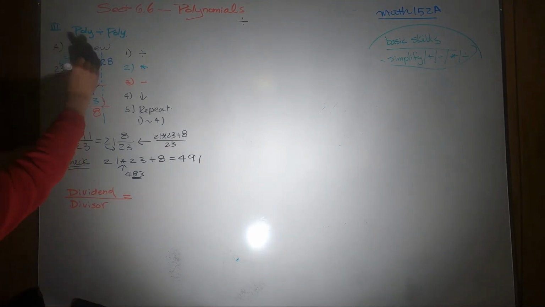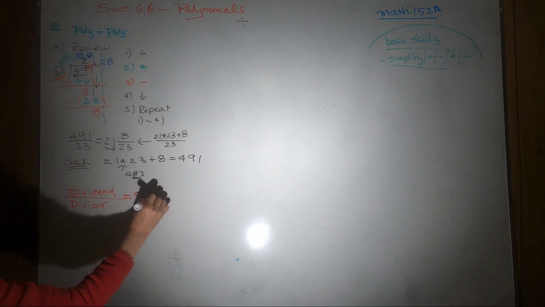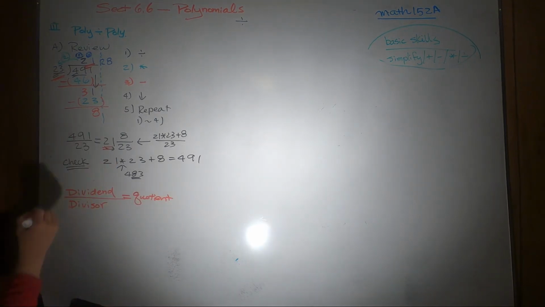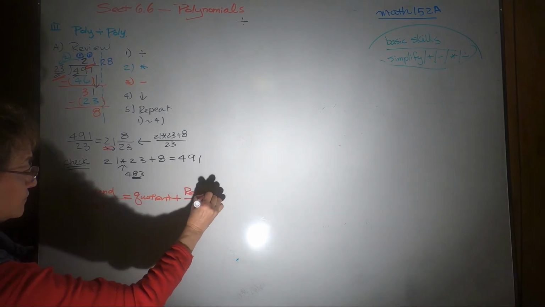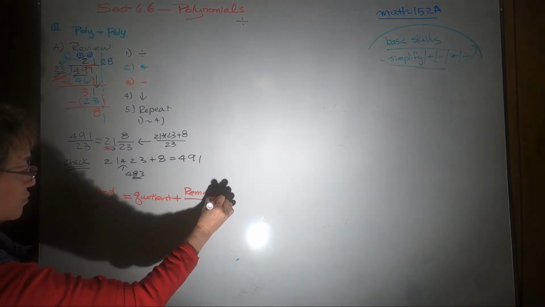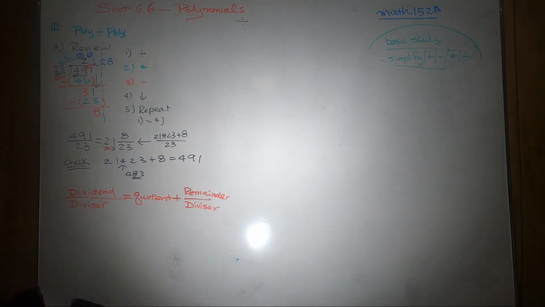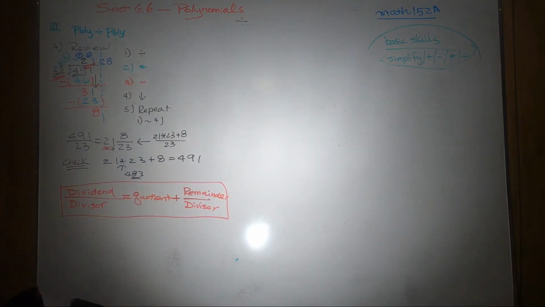The result of the division we call the quotient. And your remainder is here over the divisor. Okay, so that's how we do it for numbers.